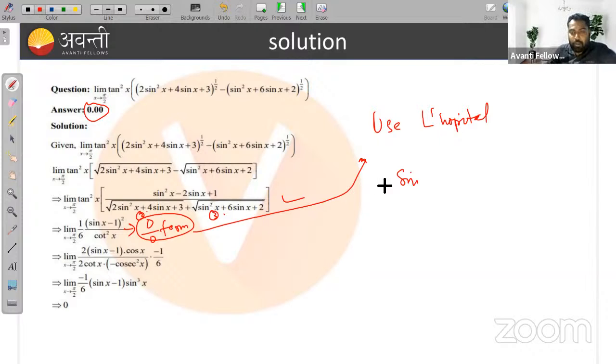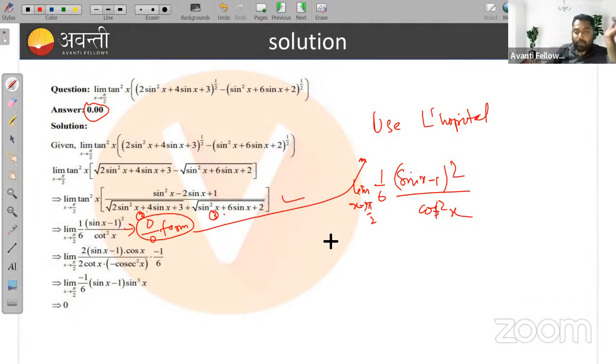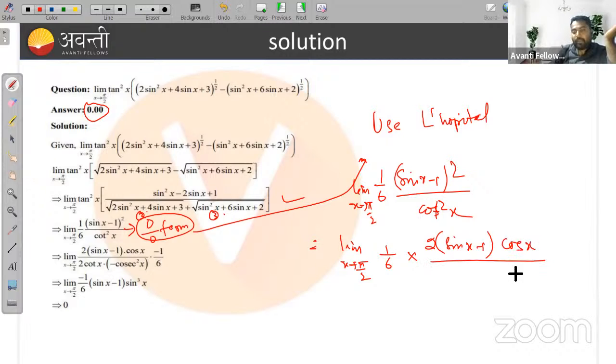So finally what you are getting is 1/6 times the limit as x extends to pi by 2 of (sin x minus 1) whole square divided by cot square x. By using the L'Hopital rule, we get the limit as x extends to pi by 2 of 1/6 into the differentiation of the numerator, that is 2 into (sin x minus 1) into cos x, since the differentiation of sin x is cos x, divided by 2 cot x, and the differentiation of cot x is minus cosec square x.